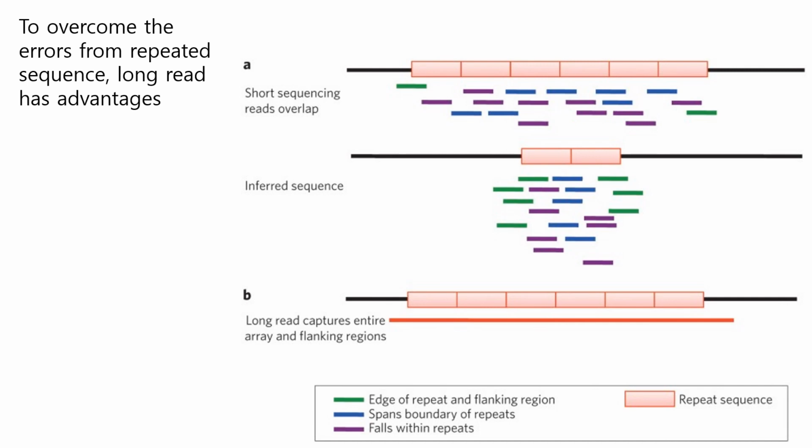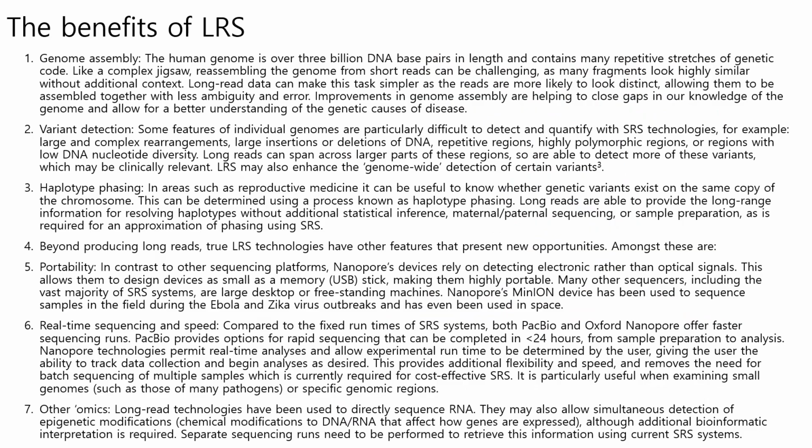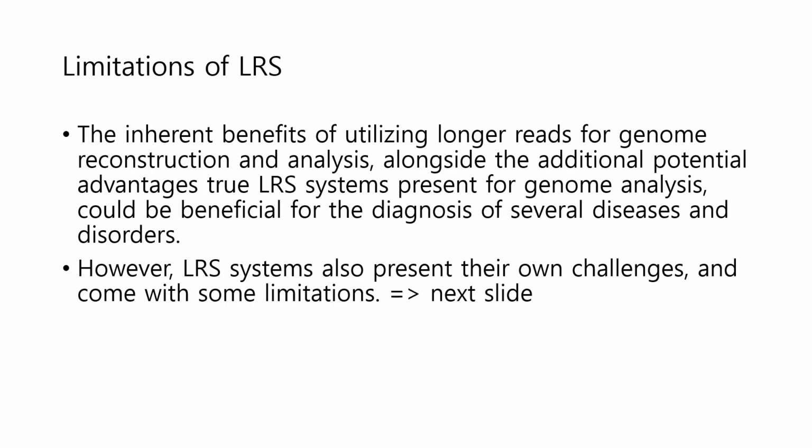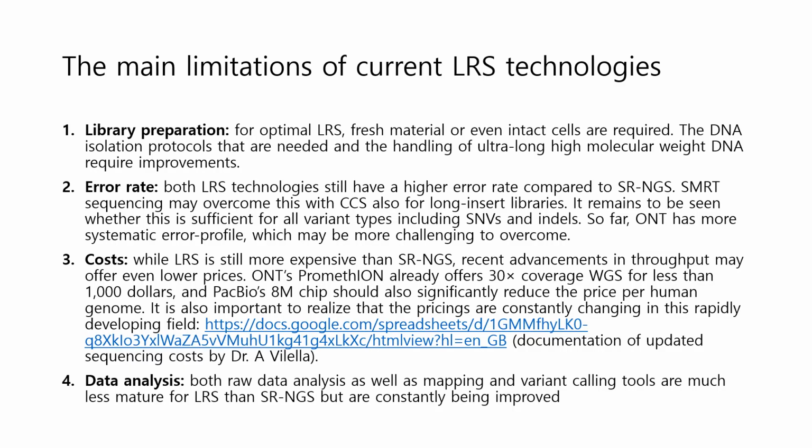But if you use long reads, you can tell there are 6. There are many benefits of long reads, but it still has many limitations. There are many limitations of current long-read technologies.